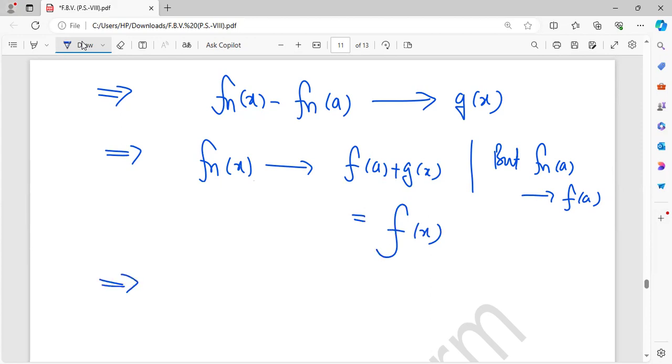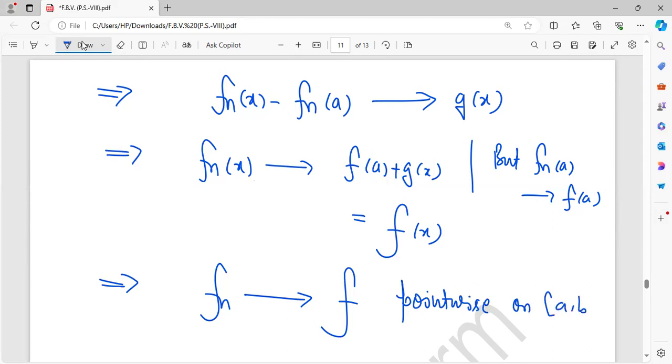So this implies f_n is converging to f pointwise on [a, b].